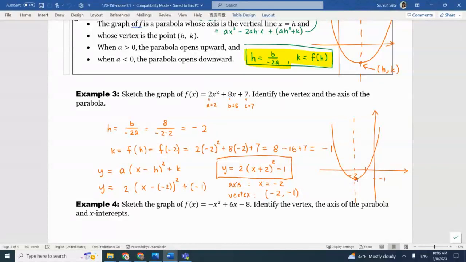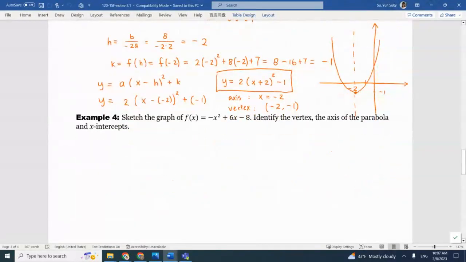Do you remember that if a is positive, the parabola opens up, and if a is negative, the parabola opens down? The vertex is where the parabola intersects the axis of symmetry. In this case, it's the lowest point of the parabola. From the picture, we know this is the minimum.